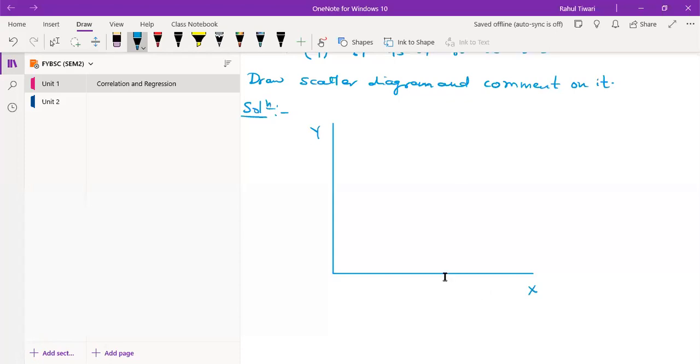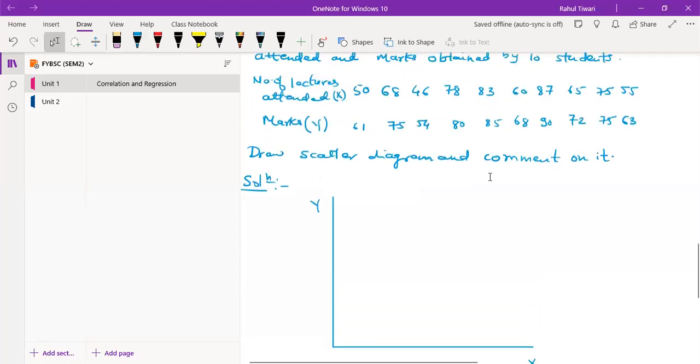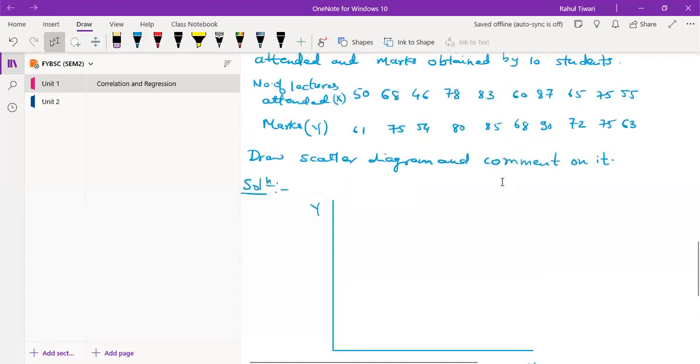Now, what is the next task? You can just look at the variable x and y. What is the minimum value for x?